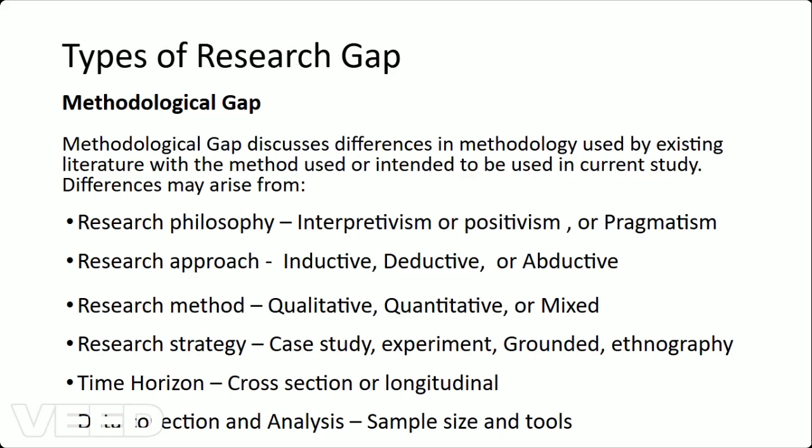You may decide to use a focus group, which may give you different results. So there are all these different methodological gaps which may arise within your research. These research gaps are the ones which you can discuss even in your literature review conclusion.